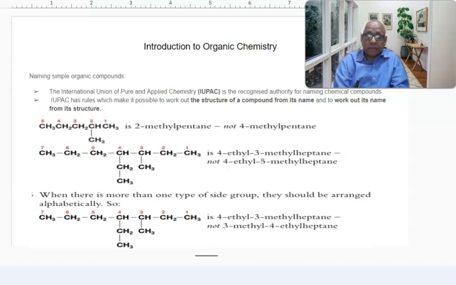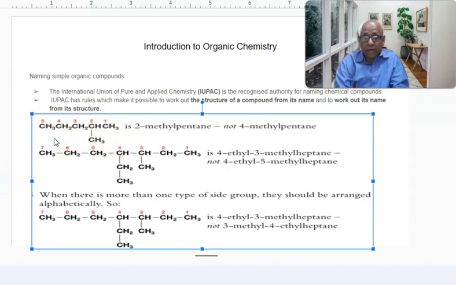In the first example, you see that we have pentane. That means we have 5 carbon atoms. And then we have a group of atoms. Then we have to count the long chain first.